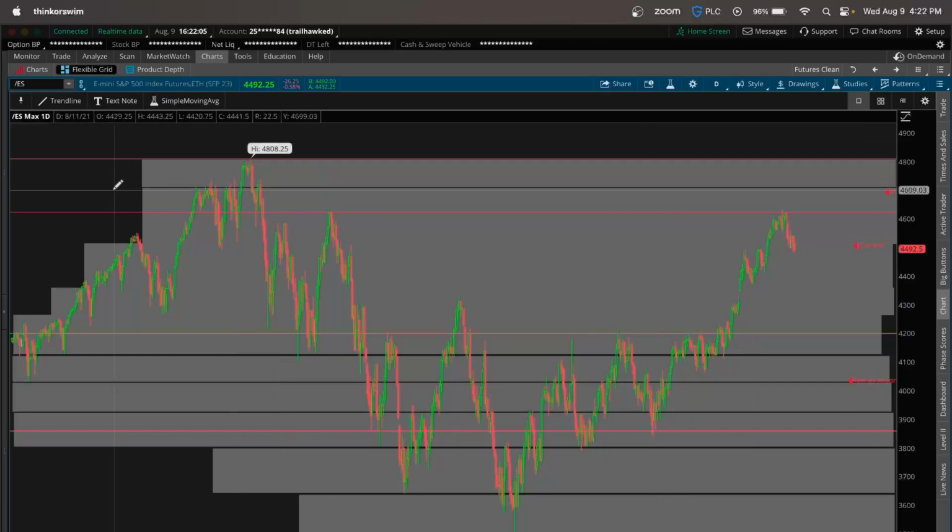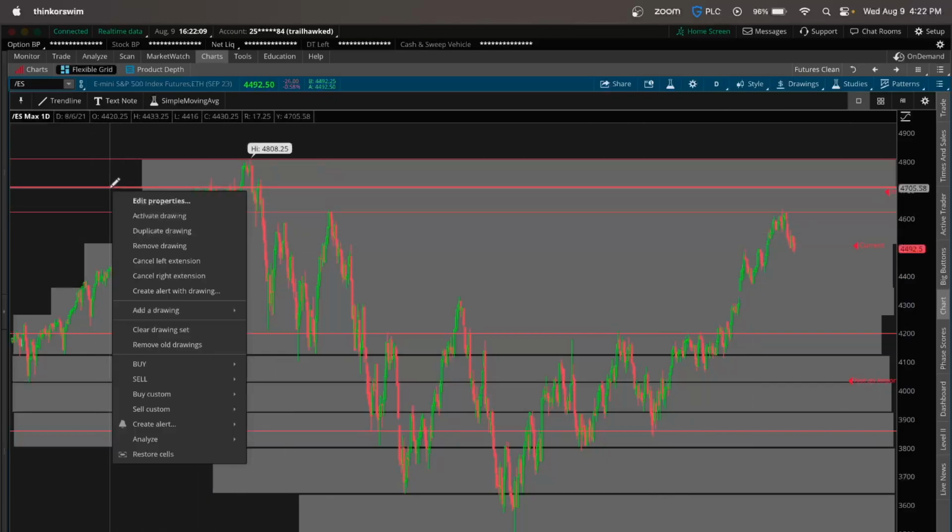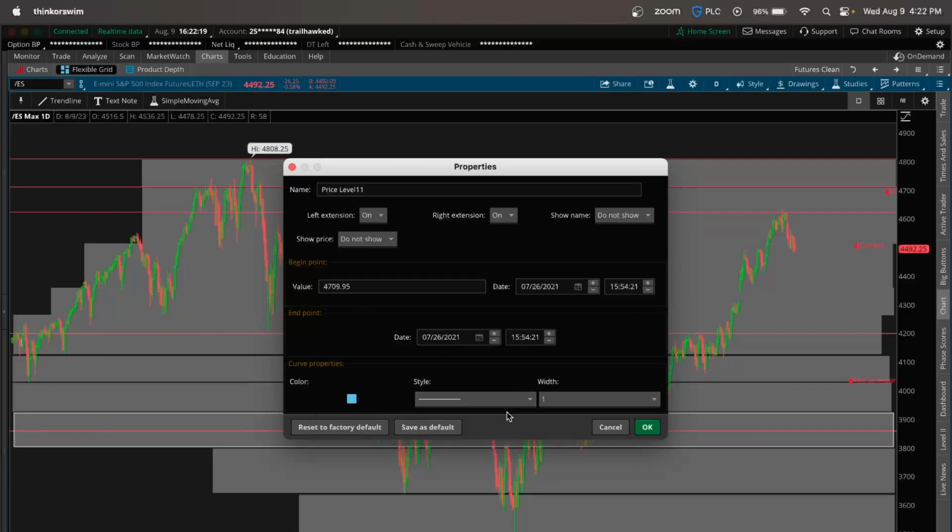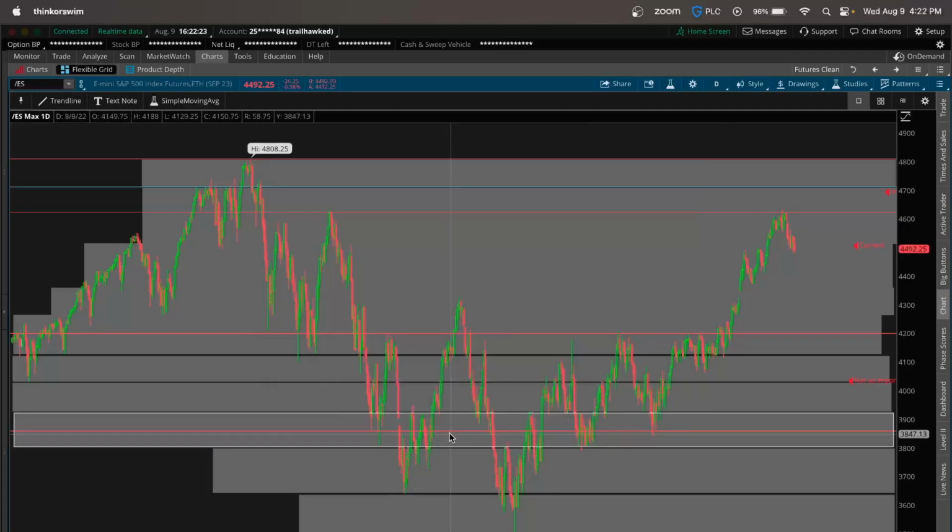It's important to change things up in that regard, so that you're not always looking at the same subset of information. For my daily, I'm going to change to a light blue. Let's see if this is the default.